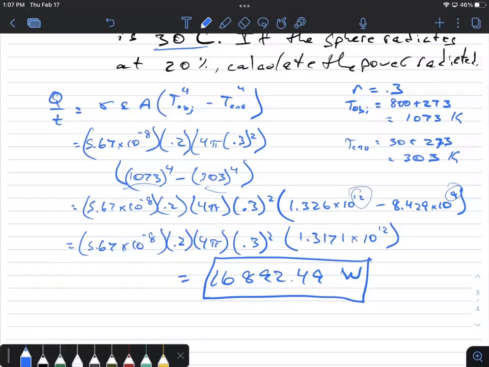However, if the environmental temperature was closer to the object's temperature, maybe 800 or 900 degrees instead of 300, then there'd be a significant difference in my answer. Okay, so just to tell you how physics works in general, and especially engineering, when you're given problems, the true problem is usually so complicated you can't really solve it.